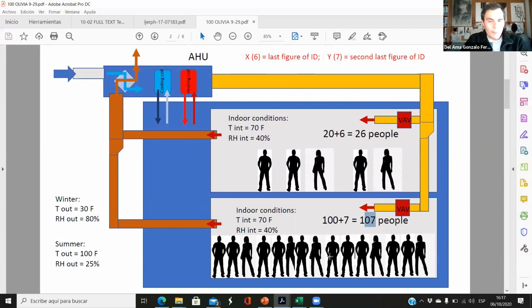Because the number of people changes during the day. In a school building, it's very clear because we have a class in this room, and then we go out, and then 30 minutes later we have a different class with different people.